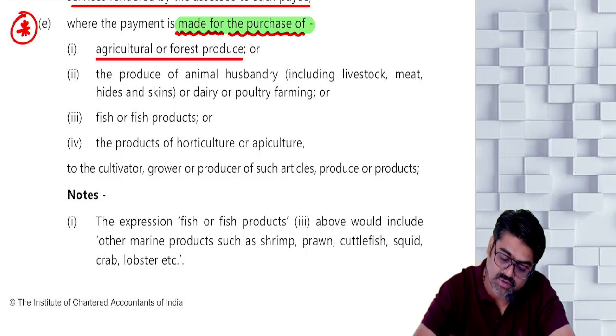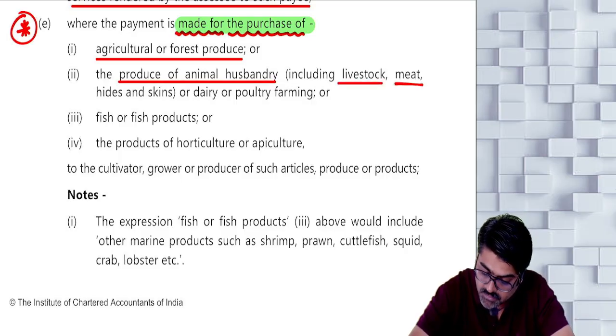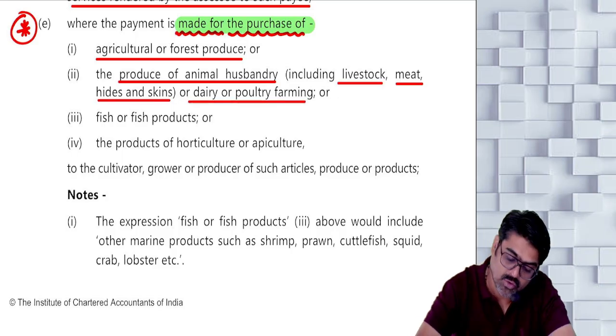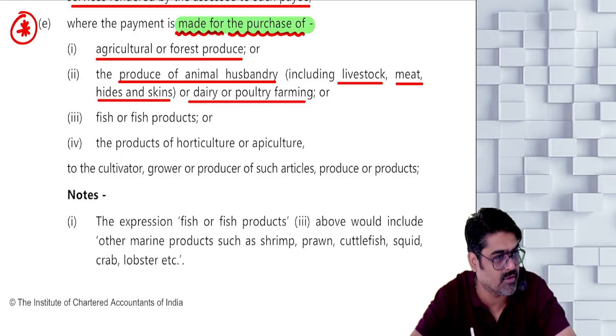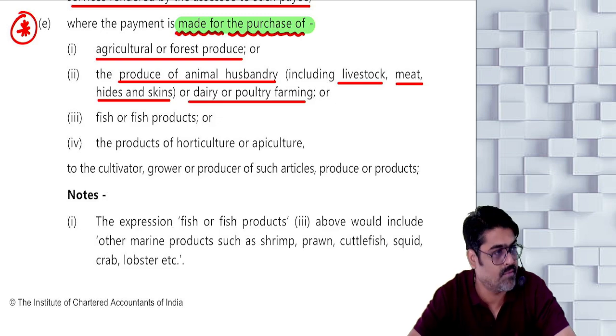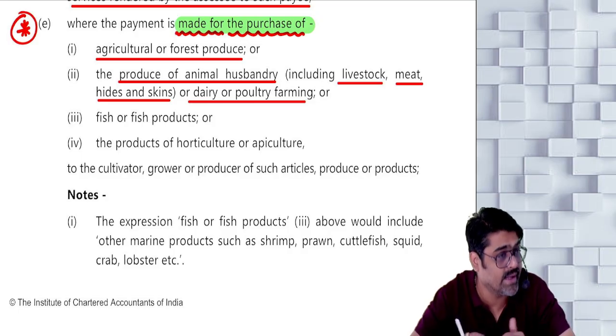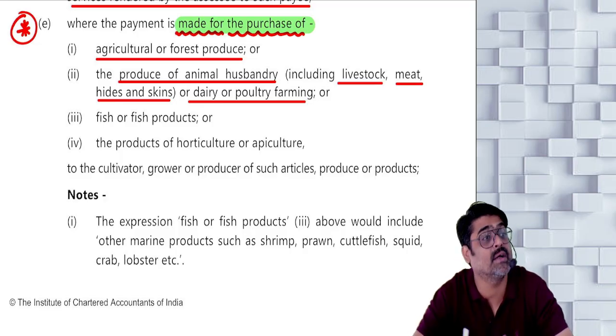In your business or profession, are you purchasing any produce of animal husbandry, including livestock, meat, then hides and skins, or any dairy or poultry farming produce? So you are buying livestock, meat, hides and skins for your business, and for this you are making the payment.